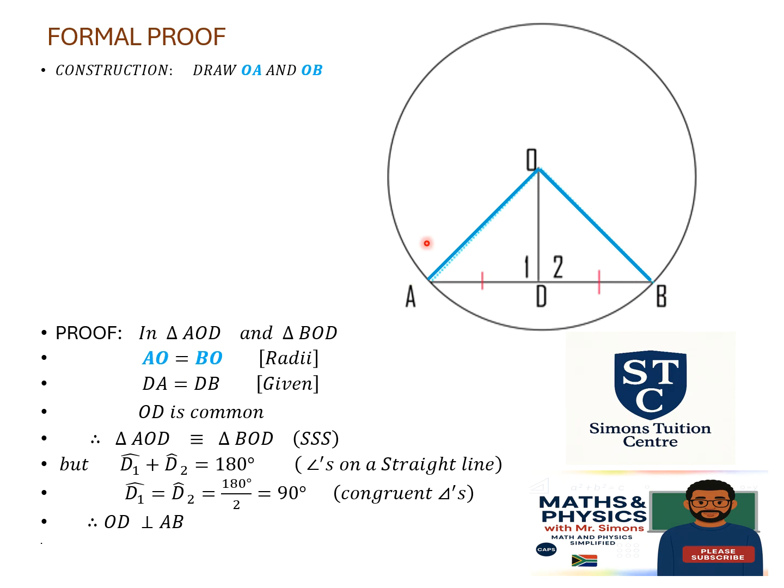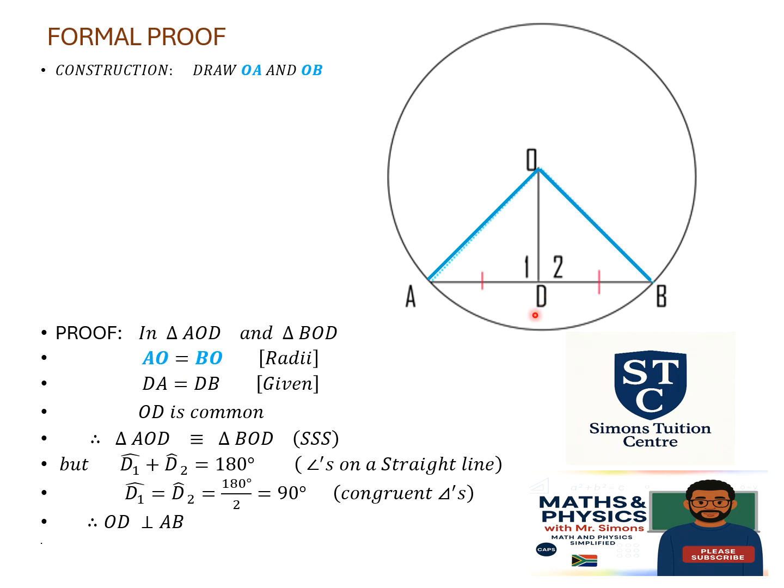That way I've completed the triangles: you can see there's a triangle AOD and a triangle BOD. Any line from the center of the circle to the circumference is called a radius. So in triangle AOD and triangle BOD, AO equals BO, they are radii, so they must be the same length.